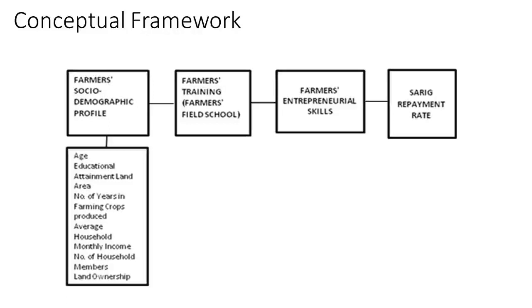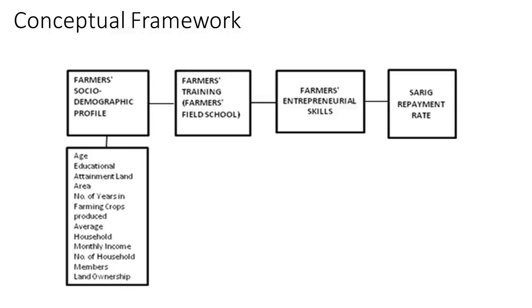So your farmer's socio-demographic profile is composed of the various items below. You have age, educational attainment, land area, number of years in farming, crops produced, average household monthly income, number of household members, and land ownership or tenure.